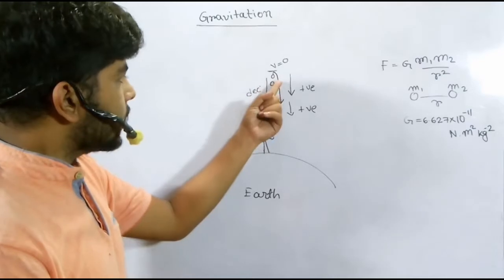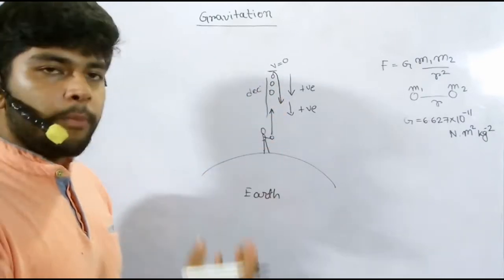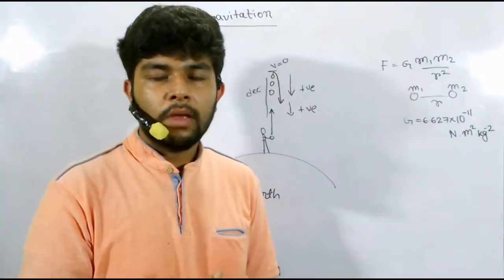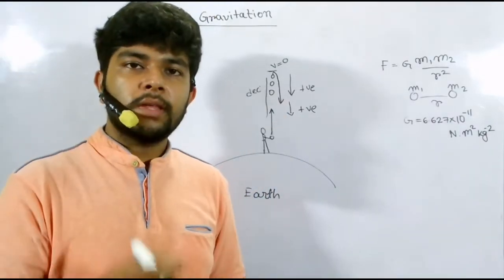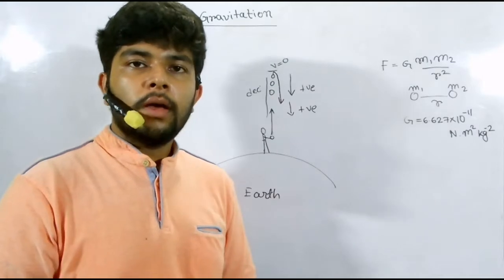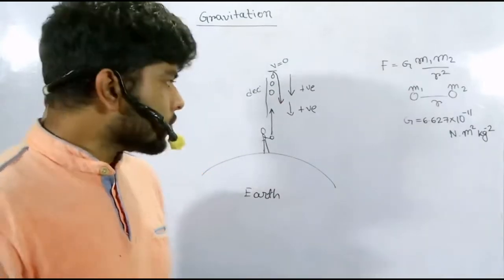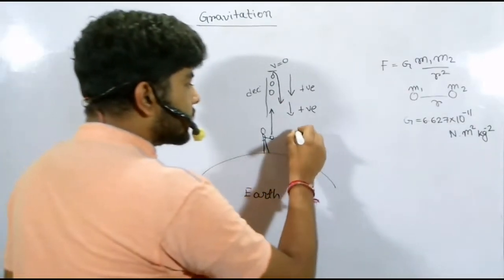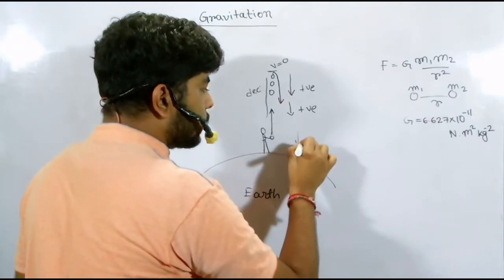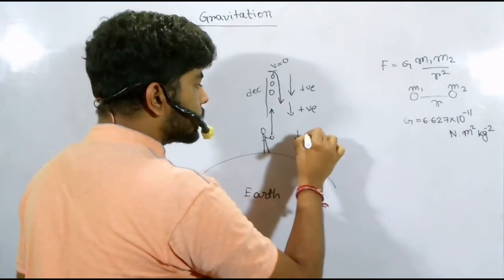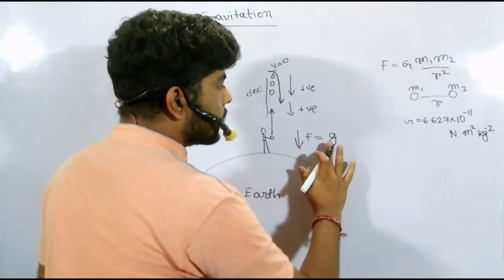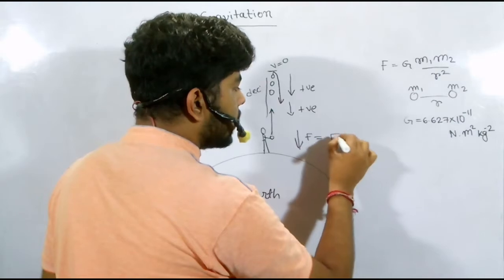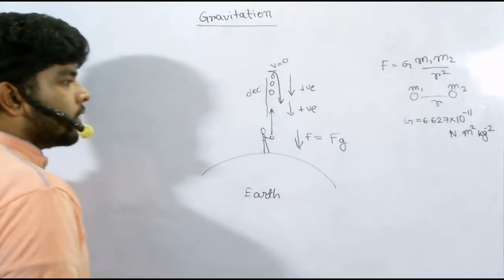And here the velocity increases, that means a positive acceleration is there. Whenever there is an acceleration, a force is applied. This force which is acting downwards is called gravitational force.